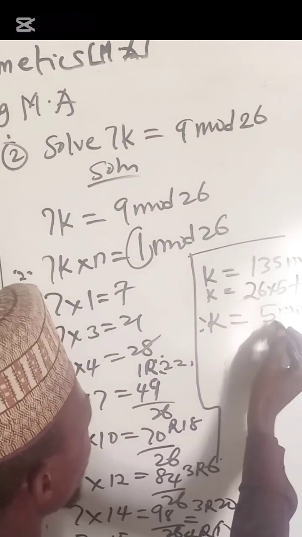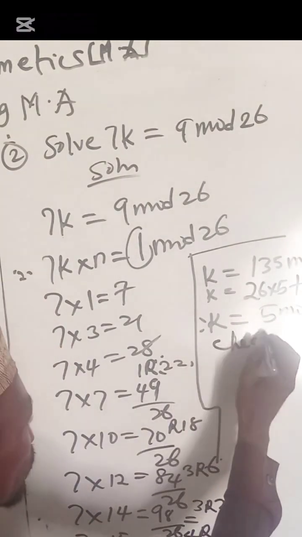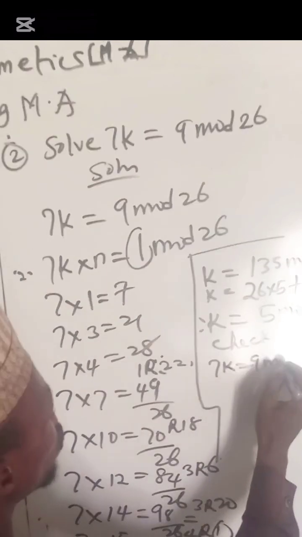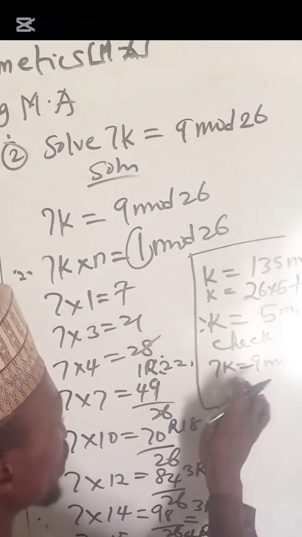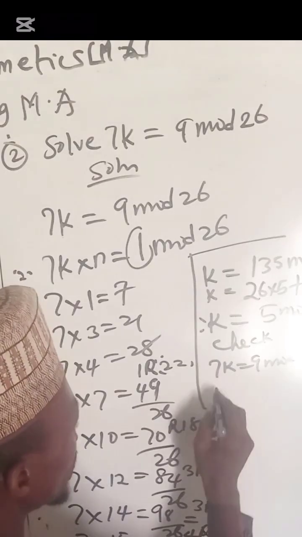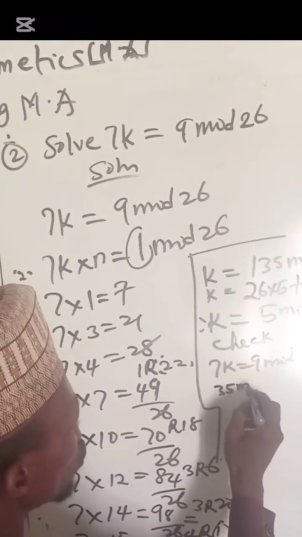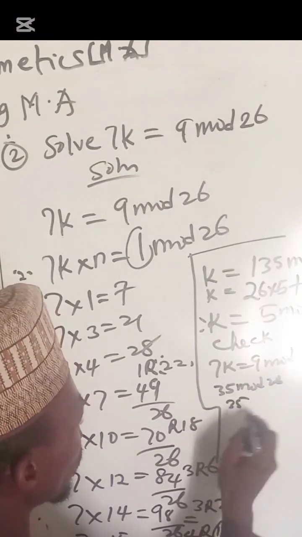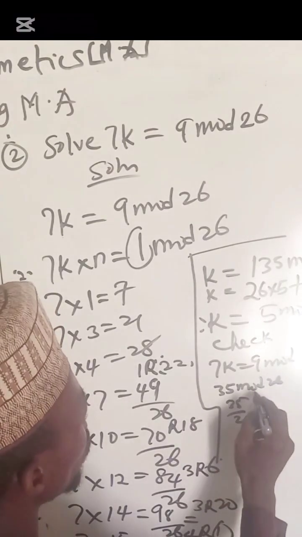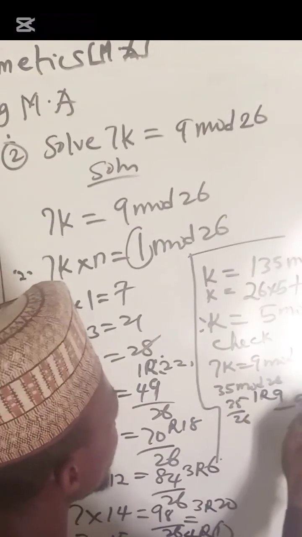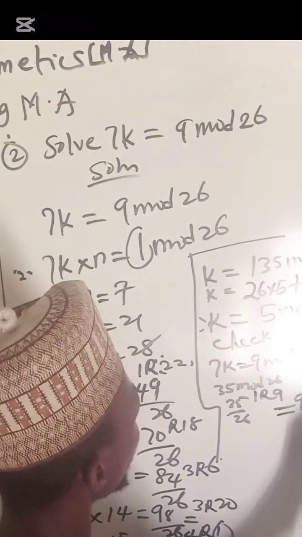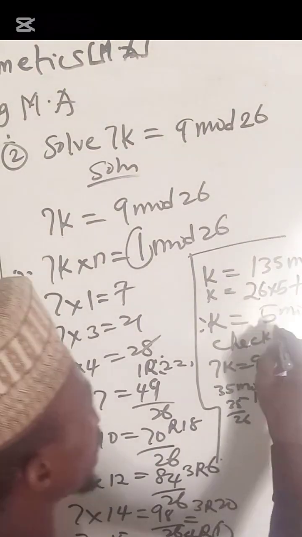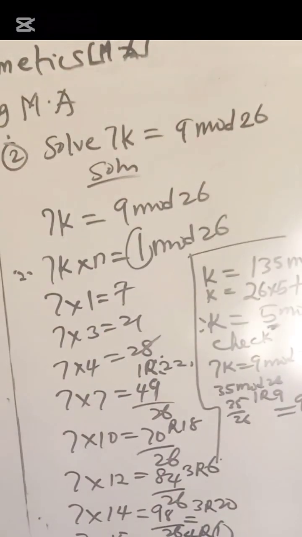Since k is 5, check: 7k equals 9 mod 26. That is 7k mod 26. 7 times 5 is 35 mod 26. Now, 26 in 35 gives you 1 remainder 9. That is 9 mod 26. Therefore, this confirms that the value of k is actually 5.